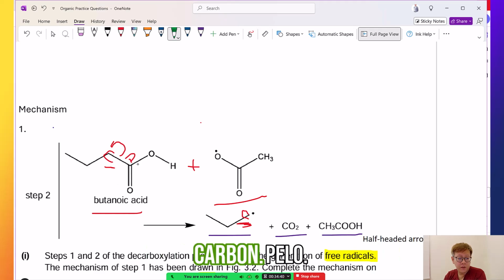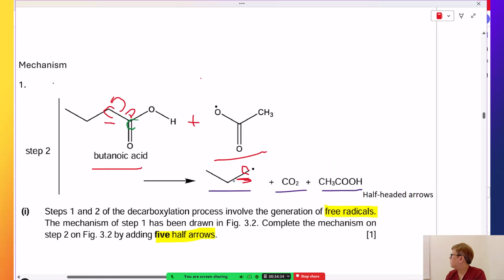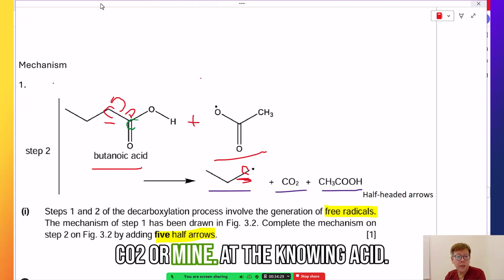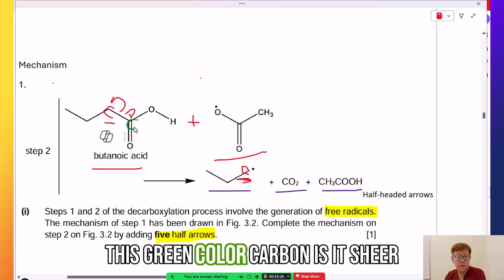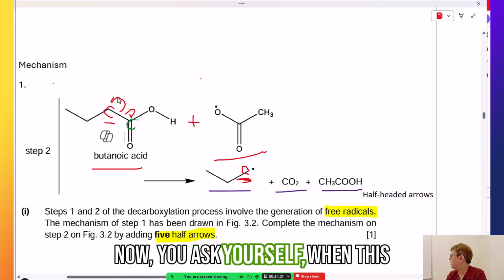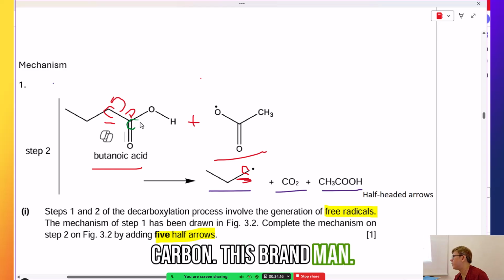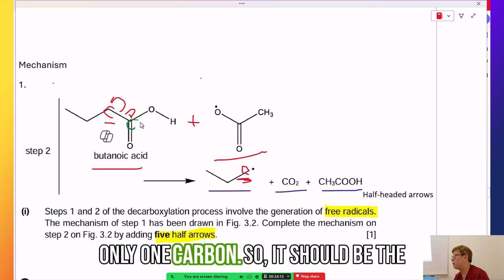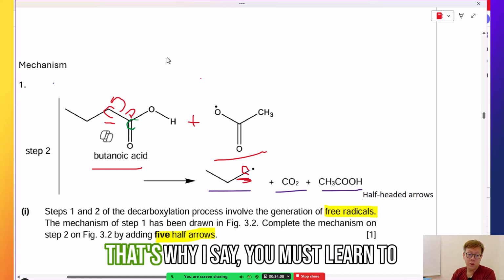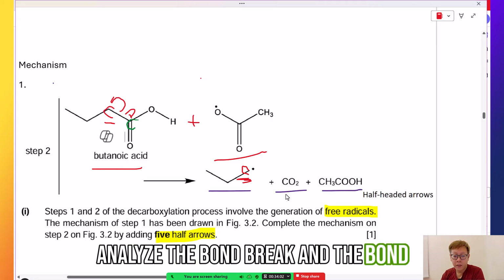Now, if I draw this as a green color carbon, can you tell me, is it in my CO2 or my ethanoic acid? When this bond get cleaved off, this green color carbon is only how many carbon? Only one carbon. So it should be the CO2. That's why I say you must learn to analyze the bond break and the bond form.